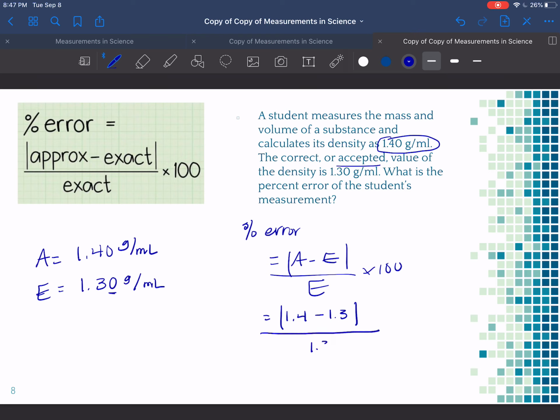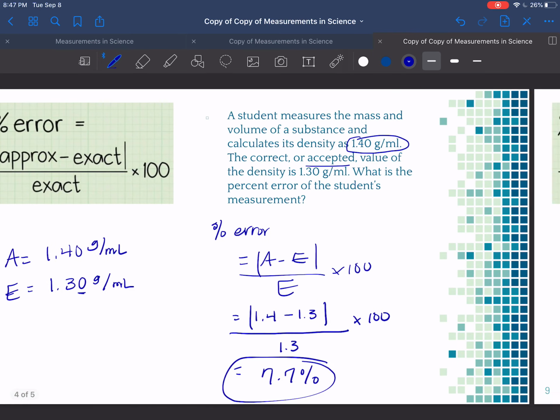We're going to divide it by 1.3 and multiply by 100. So we're going to wind up with, grabbing the handy-dandy calculator, 1.4 minus 1.3 is 0.1, divided by 1.3 times 100, and this student has a 7.7% error rate.